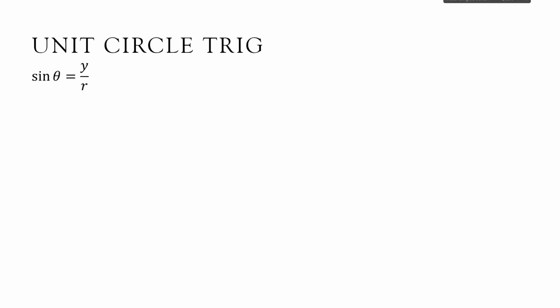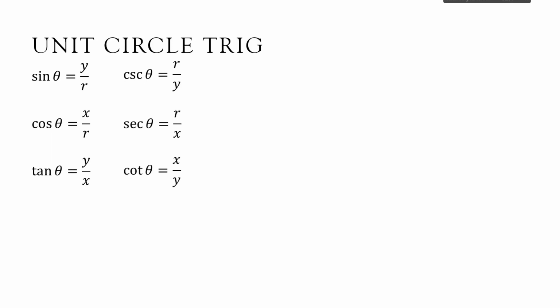I'm going to say let sine of theta be y over r, and I'm going to talk about what these letters y, r, and x mean. Cosine is x over r, tangent is y over x, cosecant is r over y, secant is r over x, and cotangent is x over y.